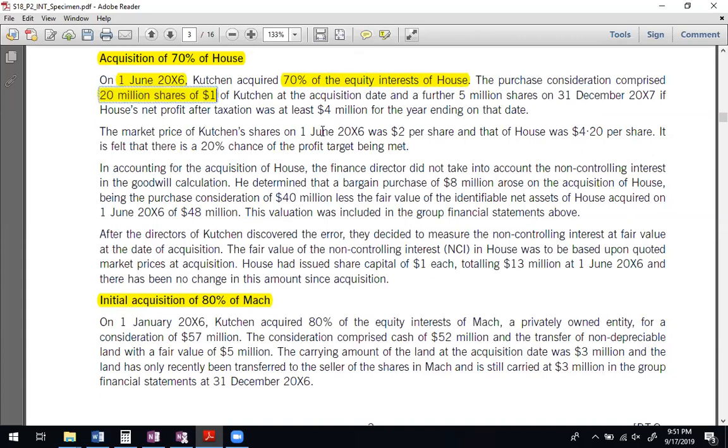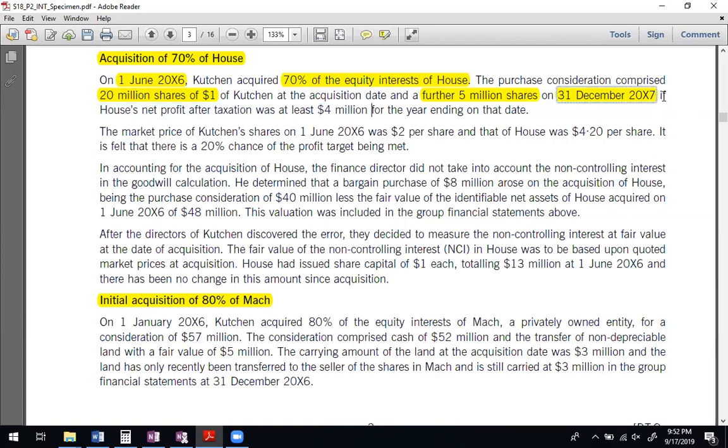So in consideration, we have given our own shares at the acquisition date and a further 5 million shares on 31st December 2007, which means approximately 1.5 years after the date of purchase, if House's net profit after taxation was at least $4 million.